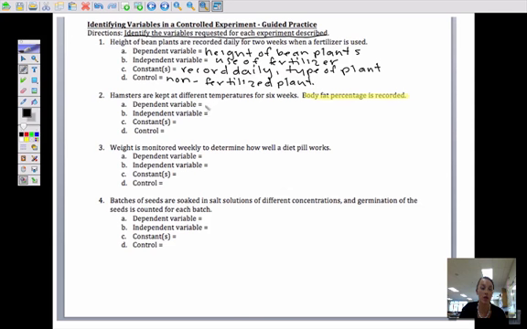So I'm going to assume that my dependent variable is body fat percentage of hamsters. Now my independent variable is what's causing the dependent variable to change. It says hamsters are kept at different temperatures. It sounds like the different temperatures are what's being changed.